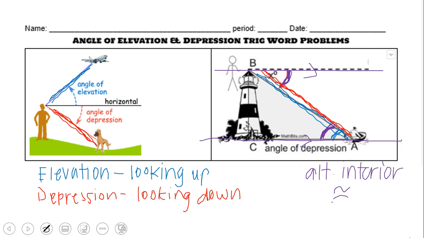And we know that those are congruent. So elevation and depression angles are actually congruent, which is pretty cool. So either way we set up the problem, those angles are always going to be the same.